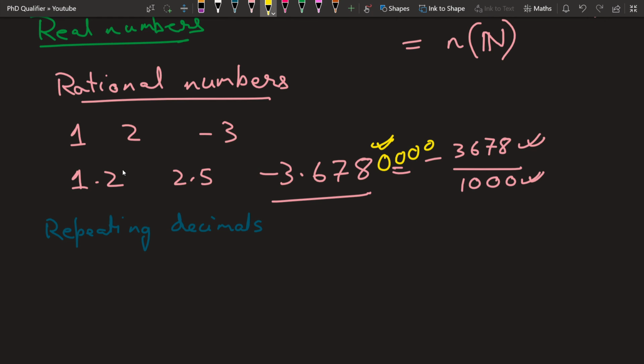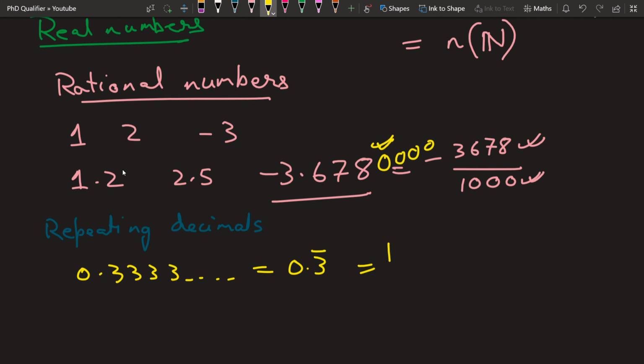What happens if it does not stop? If the decimal place goes on infinitely, for example, 0.3333, and goes on in such a way. This is often represented using a bar over the top of the 3 to signify that 3 is repeating. So this is also a rational number.